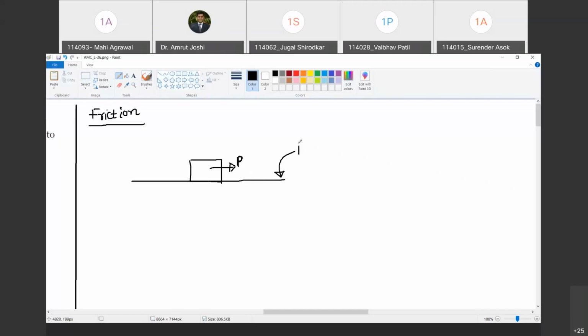This is tabletop. And this is duster, or a book. You can say anything. Who is applying frictional force on whom? Sir, tabletop on duster. And duster in turn does not apply any frictional force on tabletop.